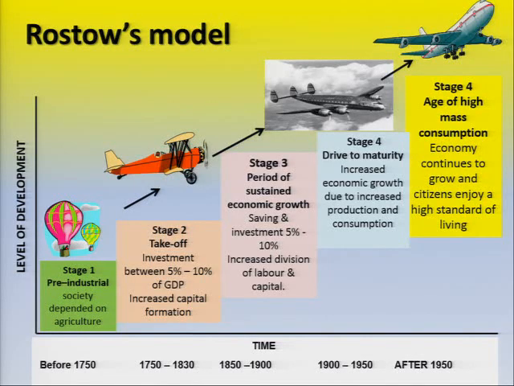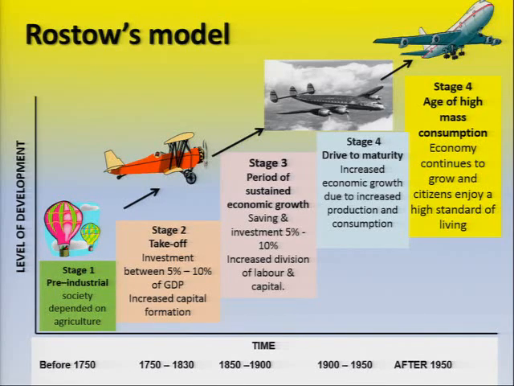Development in the Western countries started in the year 1750. The first stage was the pre-industrial stage, where the society depended on agriculture. And then from there, it moved to the second stage, where development took off. There was a lot of investment in the economy of about 5 to 10% of the GDP, and that increased the capital formation.